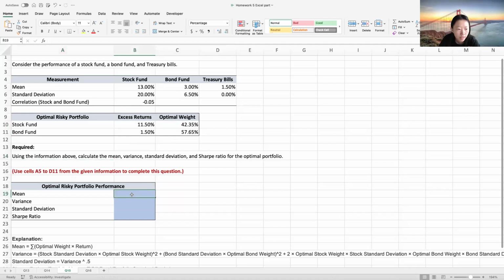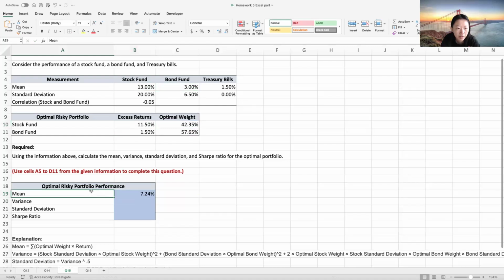So we want to calculate the mean here, the average return for the optimal risky portfolio, equals the weight times return of stock fund plus weight here times the return. You may wonder, why shouldn't we use this? This is the excess return.